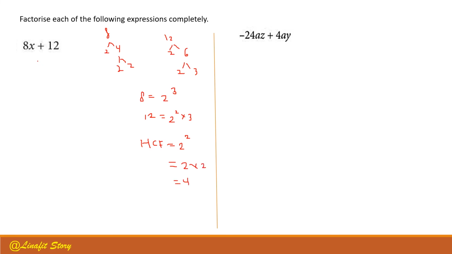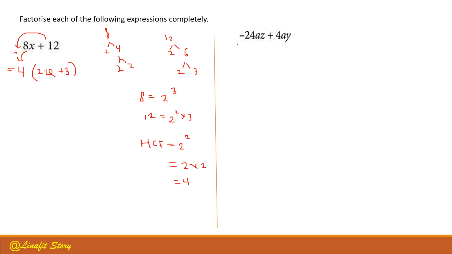So when we factorize 8x plus 12, it is equal to 4, open bracket, 8x divided by 4 is 2x, positive 12 divided by 4 is positive 3. So the answer is 4, open bracket, 2x plus 3, close bracket.